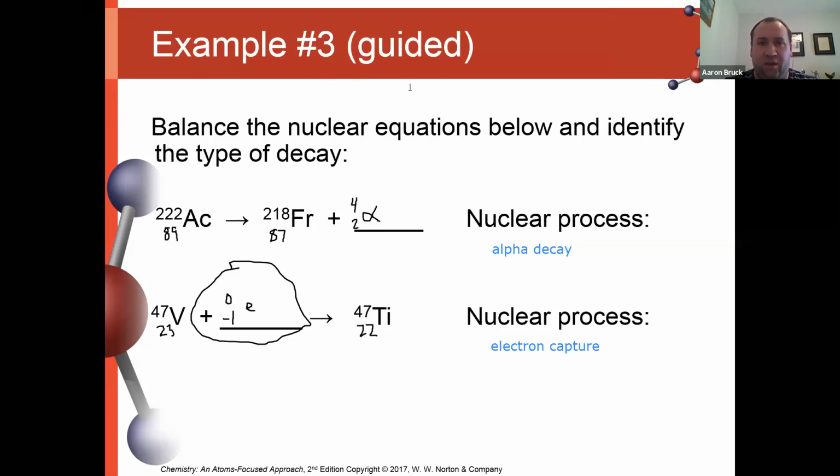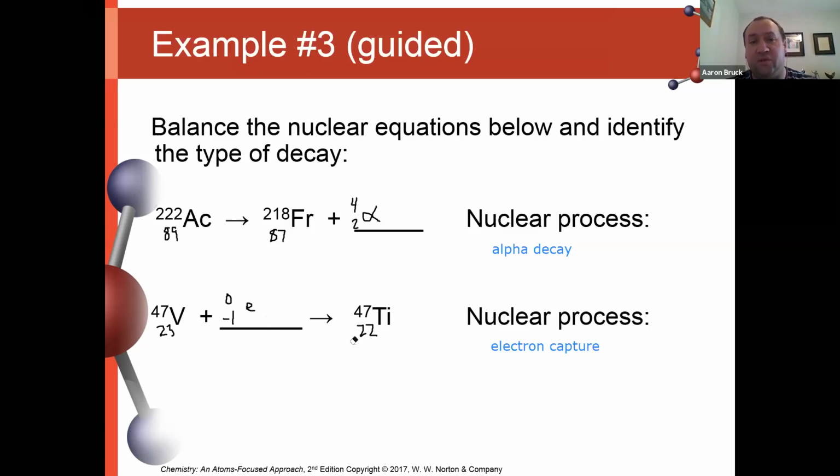And so the dead giveaway, so to speak, in this case was the fact that the blank here, the missing particle, was a reactant, and we already have a parent and a daughter. The missing particle being a reactant meant it had to be electron capture.